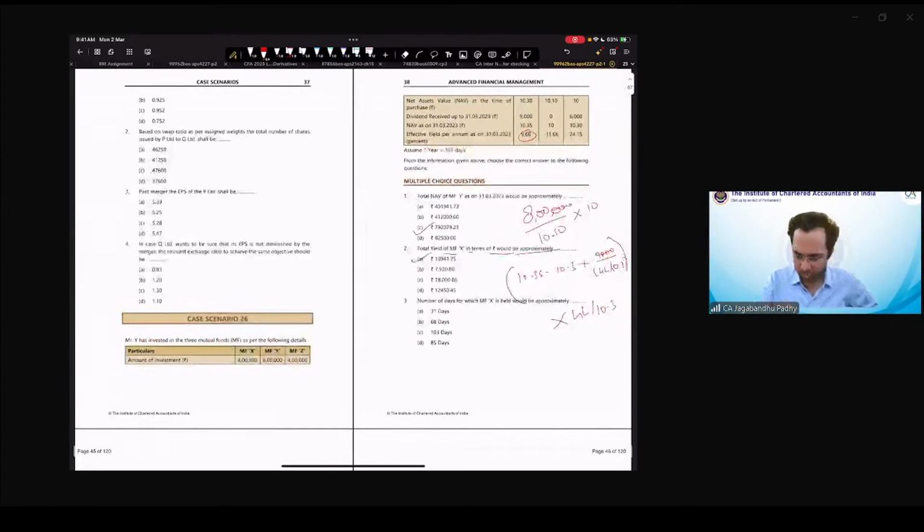Number of days for which mutual fund X is held would be approximately. For that, we'll have to say 10,941.75 divided by the number of units, or I can just simply say this divided by 4 lakh, into 365 by X days into 100 will be equal to 9.66.